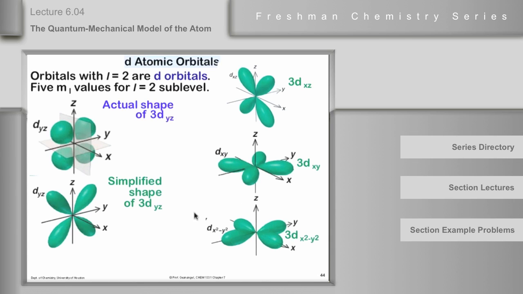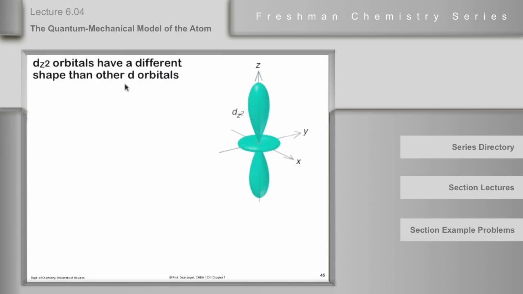So that's 4. I said there were 5. The last one is a combination orbital, and it's called the dz squared, and it looks funny. It looks sort of like a p orbital that ate a very large donut.